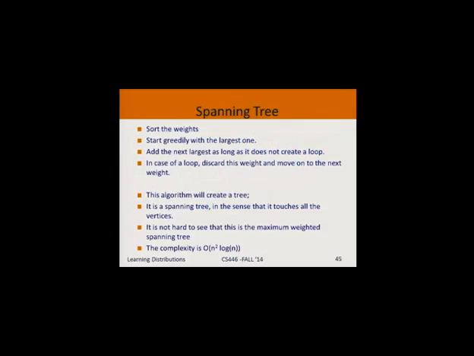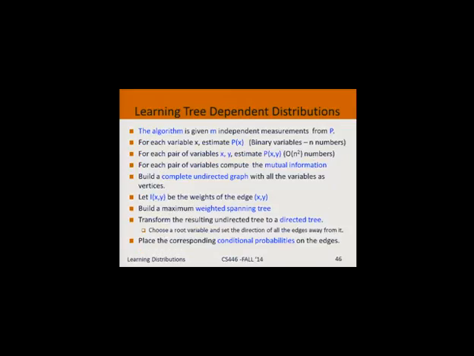Okay, that's actually a good question. So now that we have an algorithm, you can ask, why is this the right tree? And in fact, there are three questions that you can ask. First, how do you place the conditional probabilities on the edges?